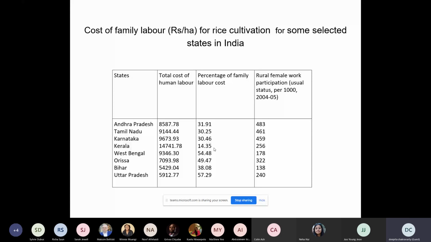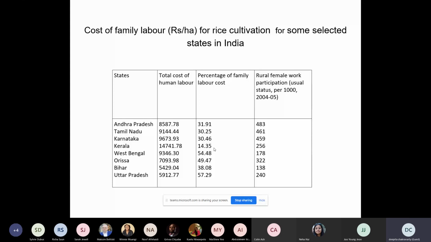And you could see the percentage of family labor cost is also pretty high in Odisha. So these two data are fitting in quite well. But what is not fitting in well is the higher incidence of women's workforce participation. In fact, Odisha stands out if you look at the eastern Indian states.